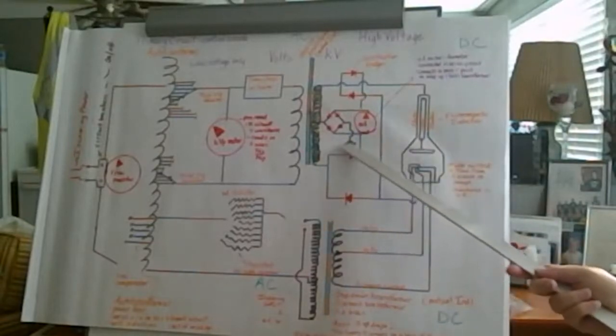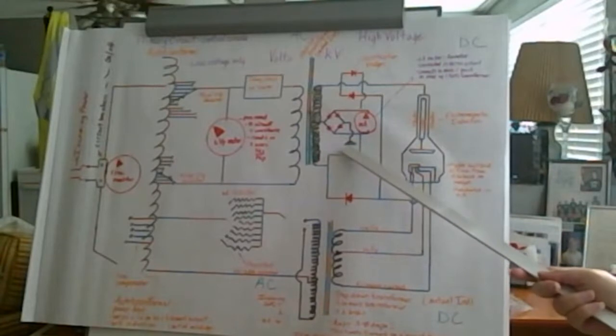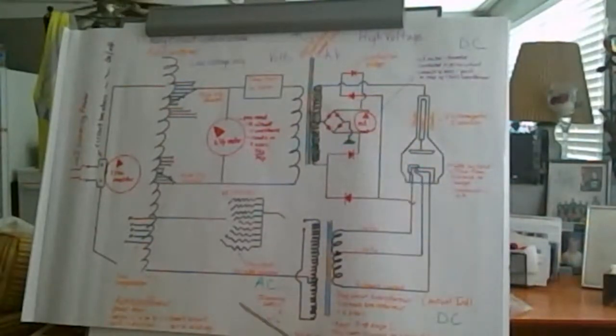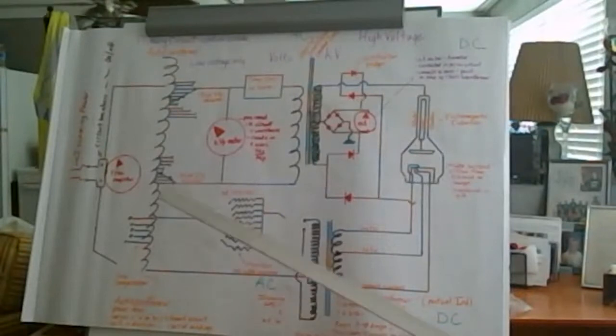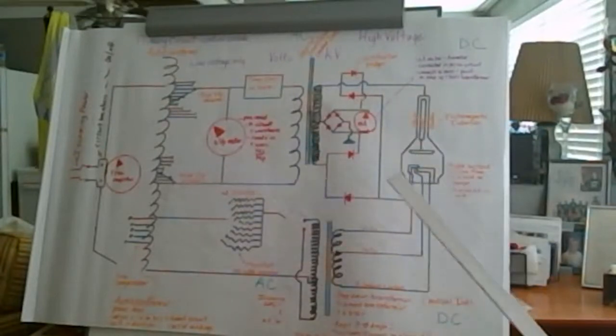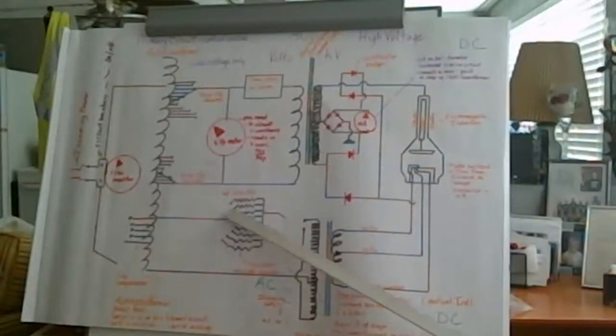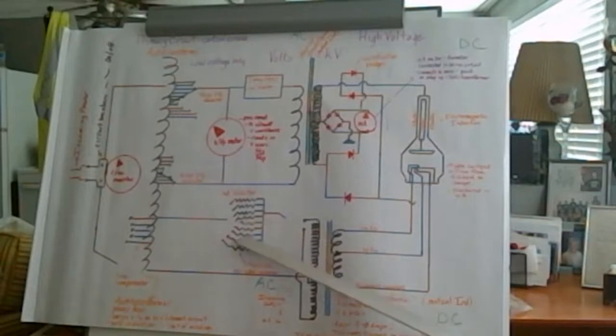That symbol here of the 3 lines, each getting a little bigger, that's the symbol for ground. One of the most important things you need to recognize from this drawing is the different symbols. That's the symbol for the variable resistor, the squiggly line.